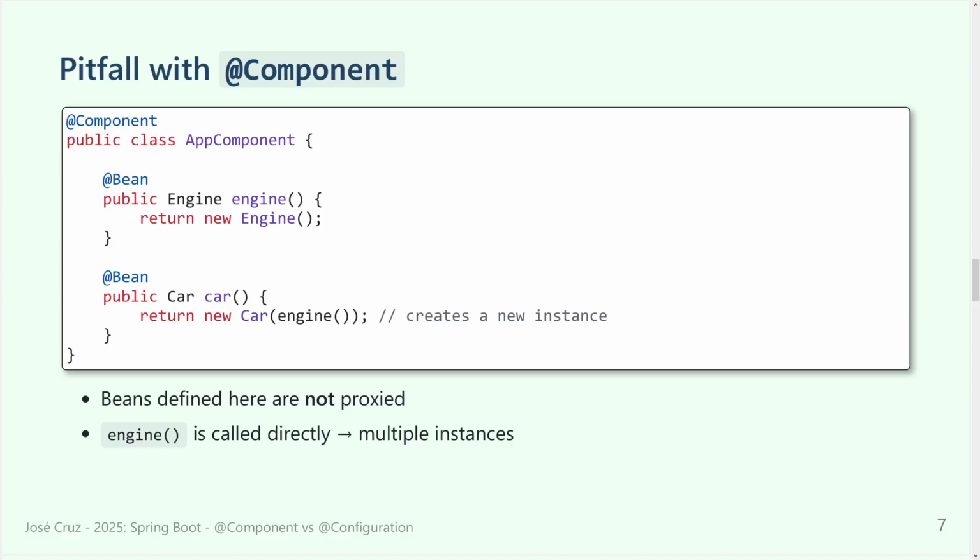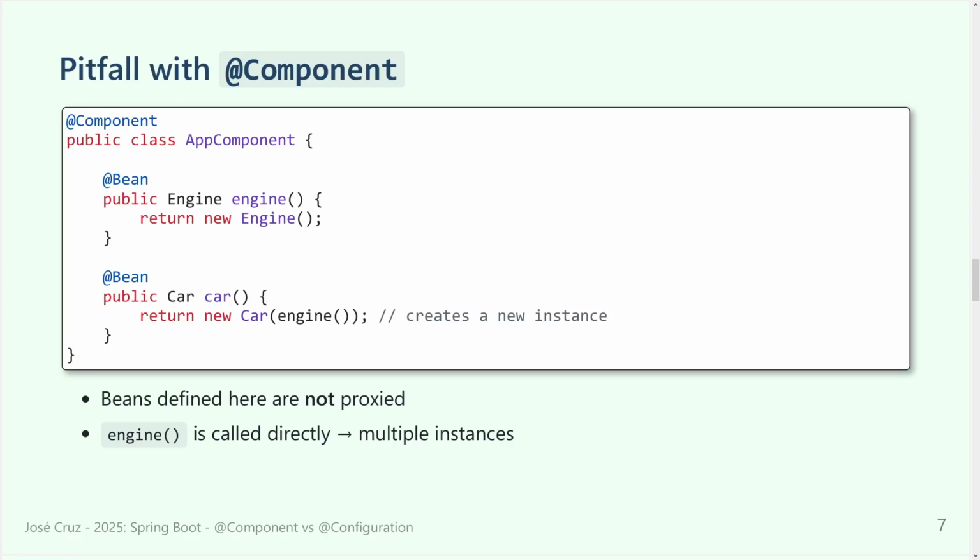The names of the annotations sometimes have the same conceptual meaning, but they have a different purpose and Spring behaves differently. I've created a video about this, where I show that when you use, for instance, the annotation repository, which is also a component, Spring Boot translates exceptions and does other kinds of things.